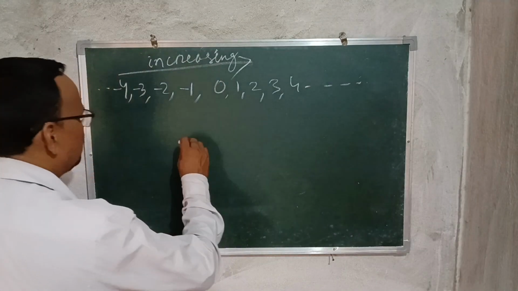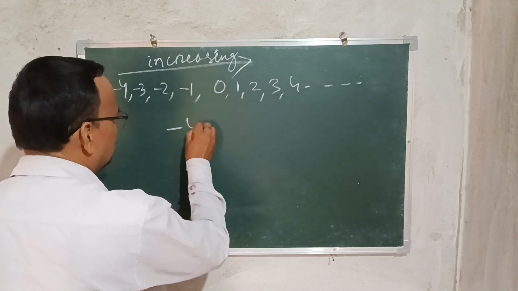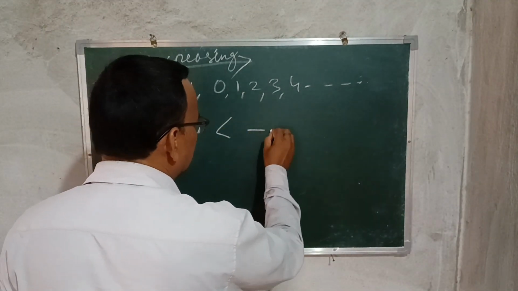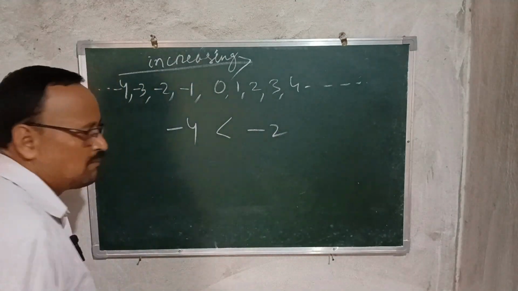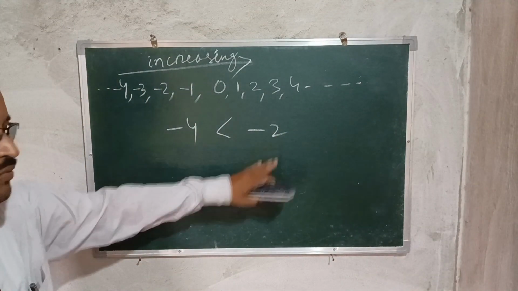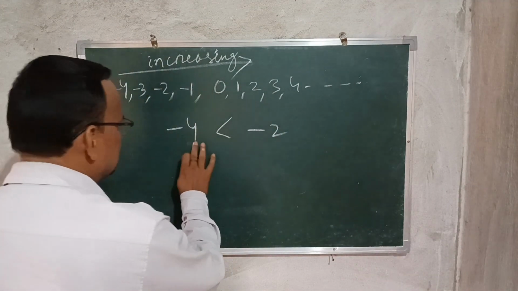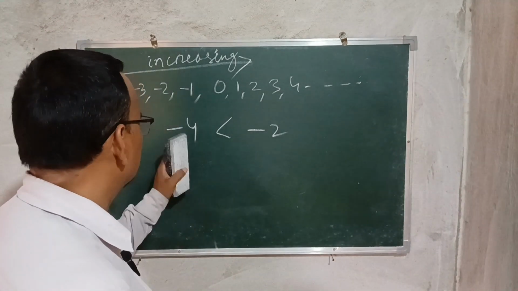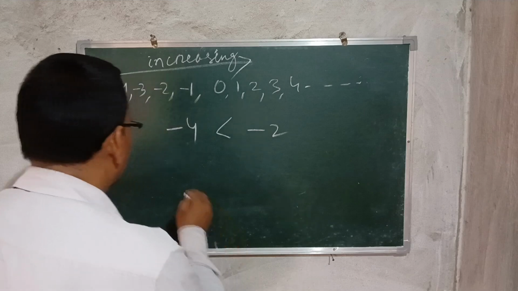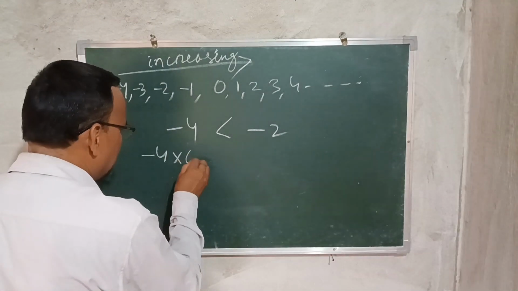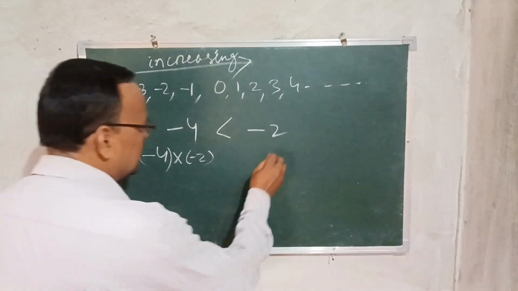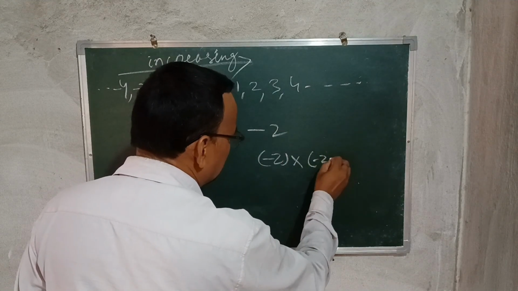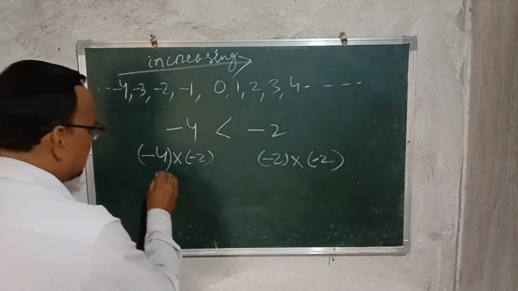Another example, suppose minus 4 is less than minus 2. When I multiply both sides by minus 2, that is, both integers by minus 2, then minus 4 into minus 2 on this side, and minus 2 into minus 2 on the other side.